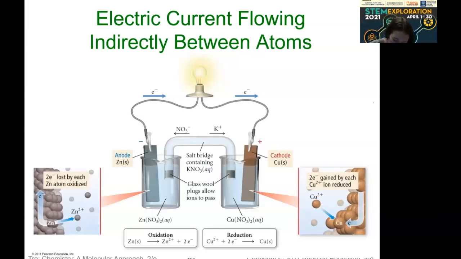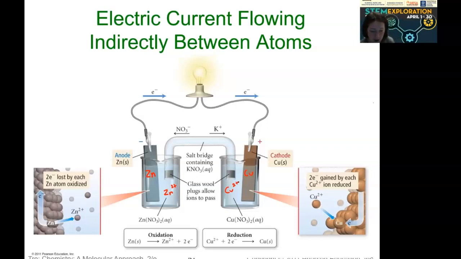So what we have is here's our zinc solid, and then we have our copper. And then here we have zinc 2+, and we have copper 2+ in our solution.